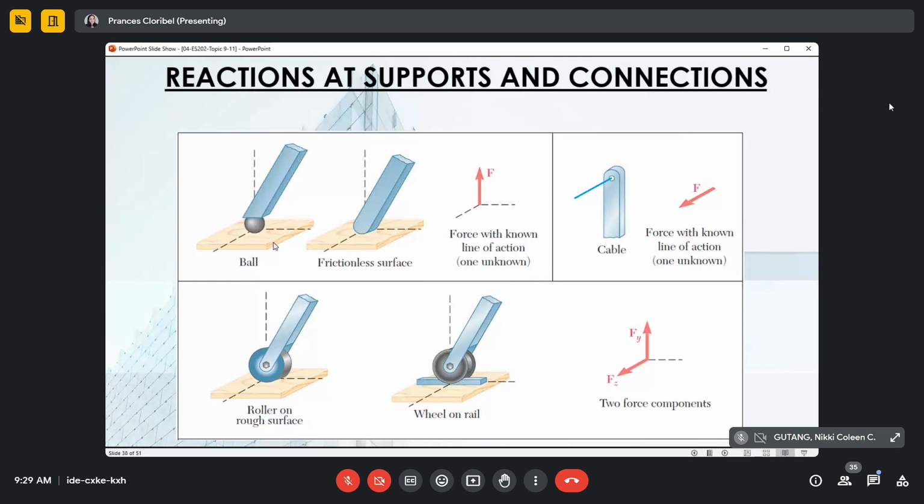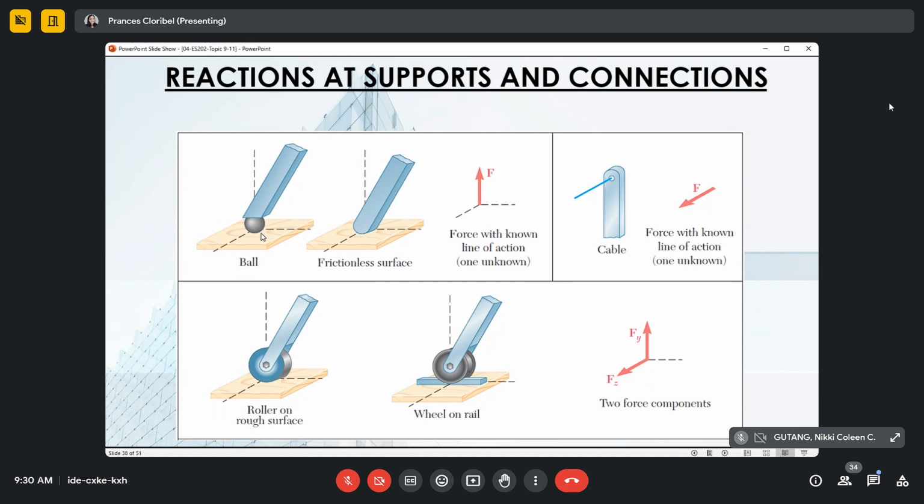However, there are types of supports and connections in 3D that have only one unknown, such that if the support of the body is a ball, it is allowed to move freely along the x and z axis, but because gipatong man siya, it is restricted to move along the vertical direction.